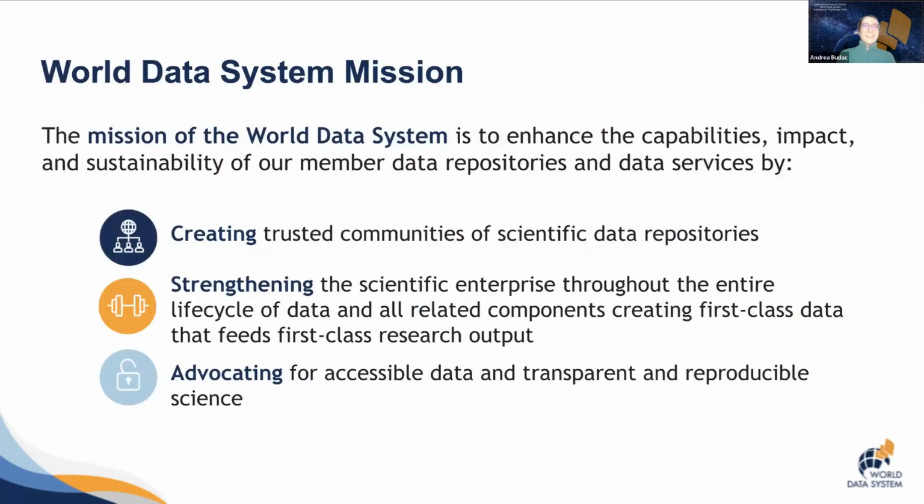As people in the data repository community, our mission is to enhance the capabilities, impact, and sustainability of our member data repositories and data services. The World Data System was created to support data sharing across national boundaries and to cohesively work with the data repository community across disciplines.